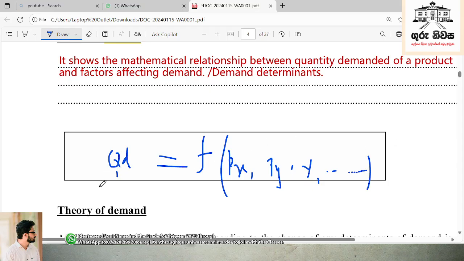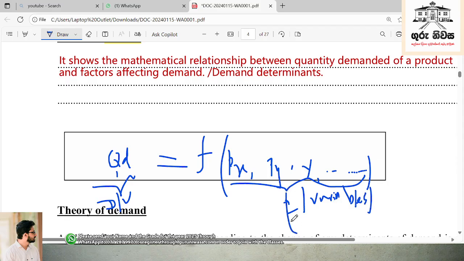QD is the dependent variable because it depends on other factors. These demand determinants are independent variables.